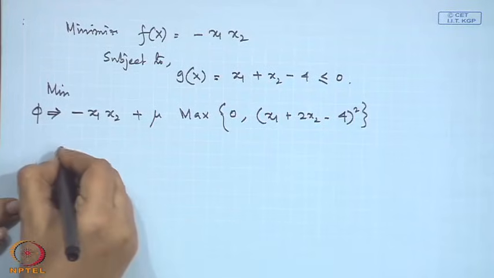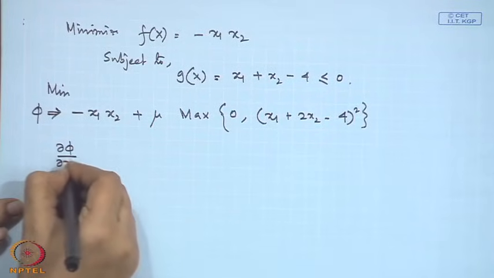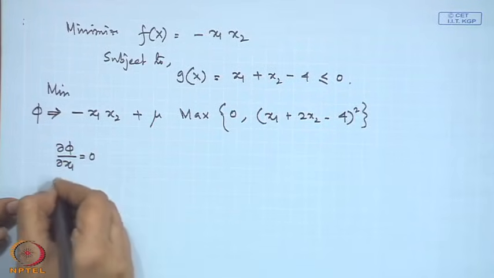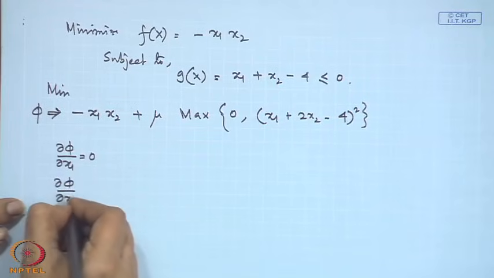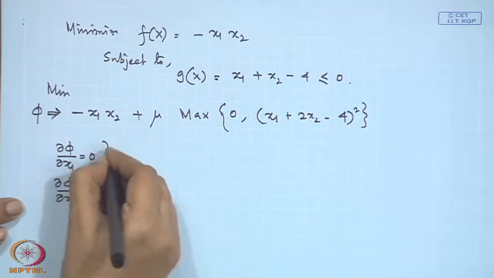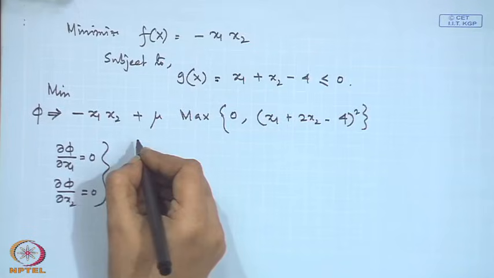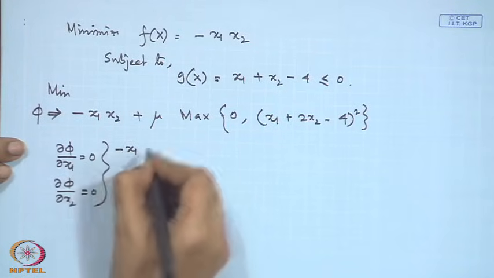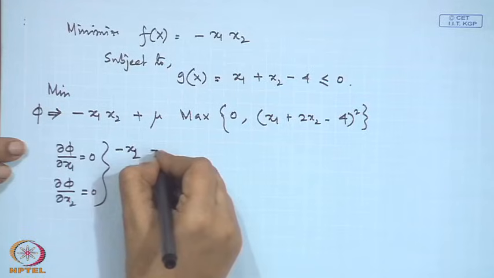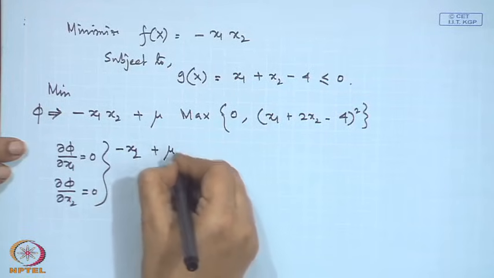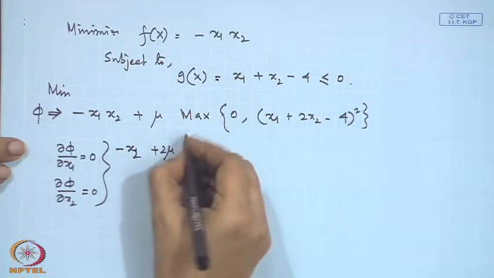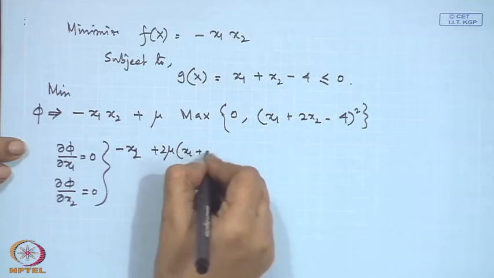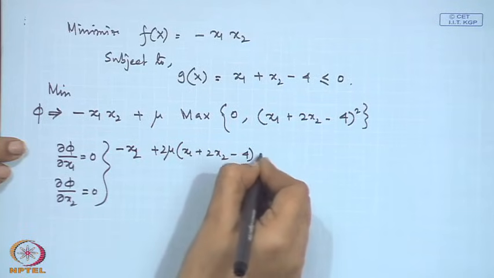If this is so, then again the same, del phi by del x 1 equal to 0, del phi by del x 2 equal to 0. From here, if we apply this, from the first equation we are getting x 2 plus 2 mu x 1 plus 2 x 2 minus 4 equal to 0.